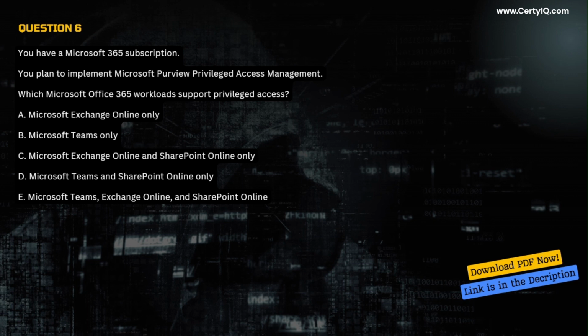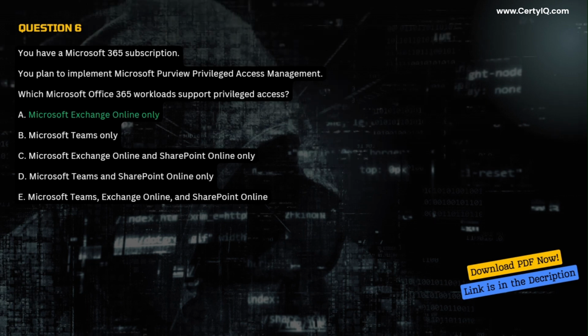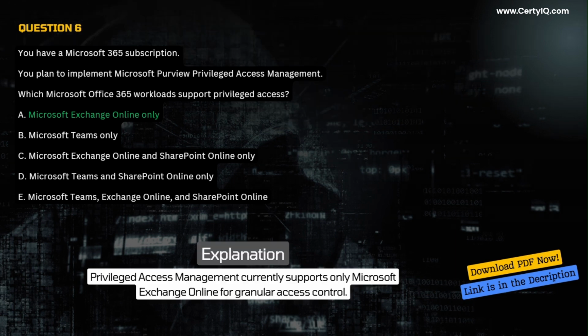C. Microsoft Exchange Online and SharePoint Online only. D. Microsoft Teams and SharePoint Online only. E. Microsoft Teams, Exchange Online, and SharePoint Online. Correct answer A. Microsoft Exchange Online only. Explanation. Privileged Access Management currently supports only Microsoft Exchange Online for granular access control.